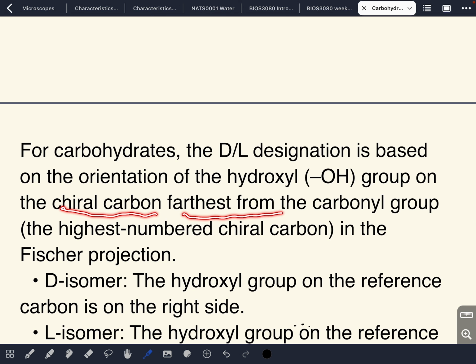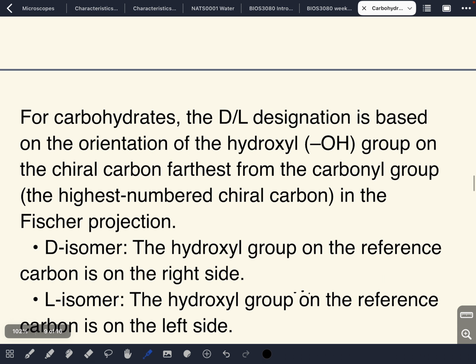That's the furthest away from the carbonyl group, with the highest number when we count the chiral carbon atoms in the Fischer projection. And the D isomer, where the D stands for dexter, dexter means pointing towards the right side, that's D.